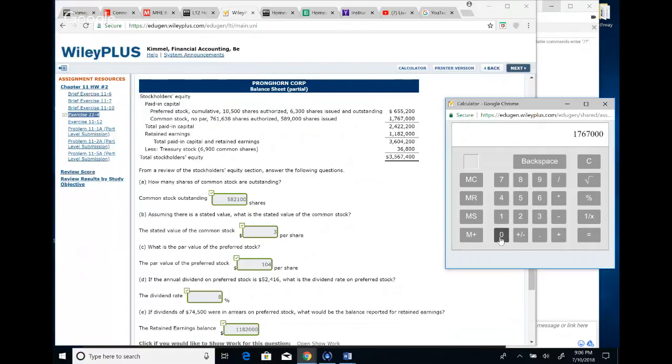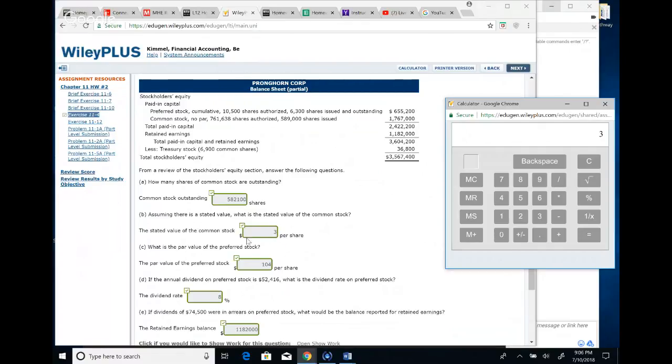And then you divide that by the total number of shares issued, which was 589,000. And that should tell you that you had a stated value of the common stock of $3.